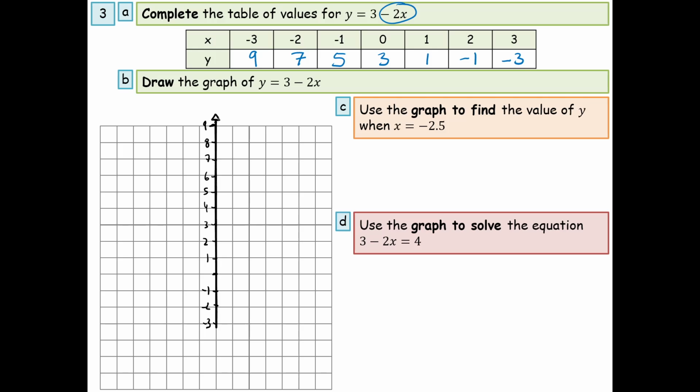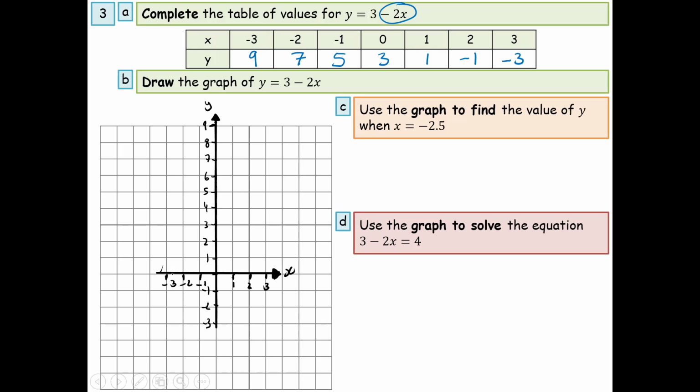And that is our y-axis. Do the same for the x-axis. 1, 2, 3, minus 1, minus 2, minus 3.